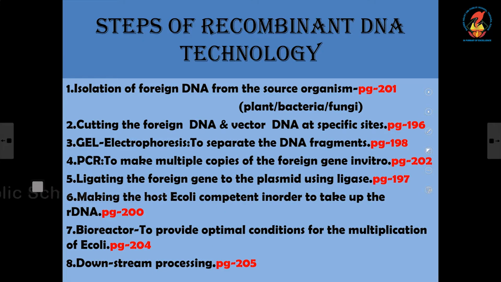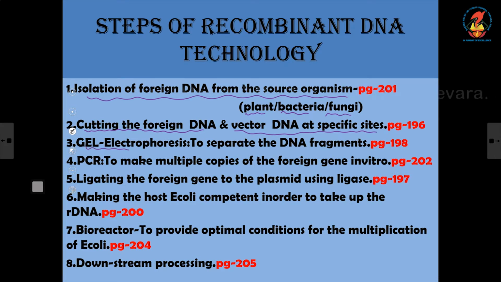Isolation of foreign DNA from the source organism is the first step. The source organism can be a plant or bacteria, fungi, or even an animal cell. The second step, cutting of the foreign DNA as well as the vector DNA at specific sites.